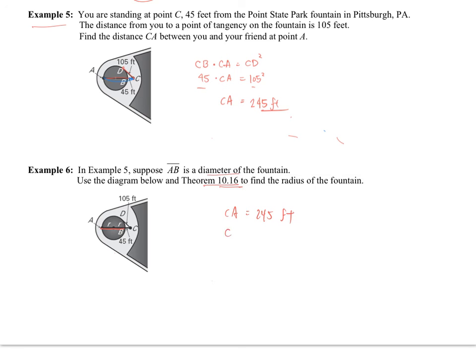Then we know that CB is 45 feet. Then we subtract CB, we can get the diameter AB, which is 200 feet. And taking 200 and dividing by 2, that will give you the radius of 100 feet.